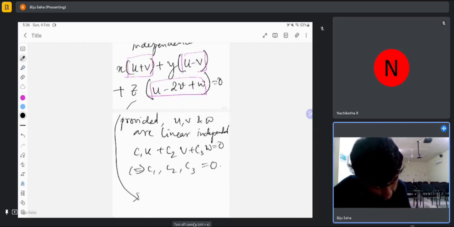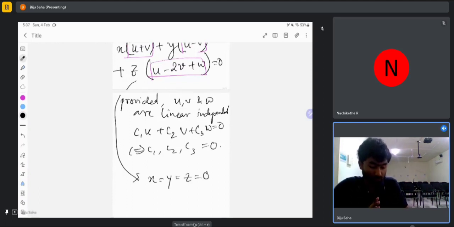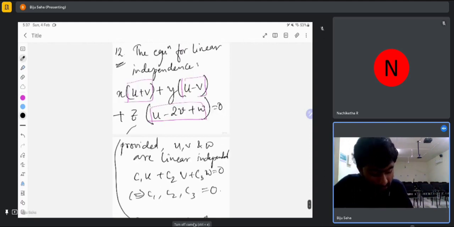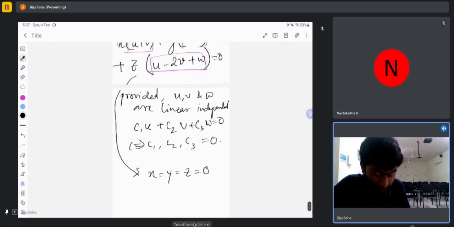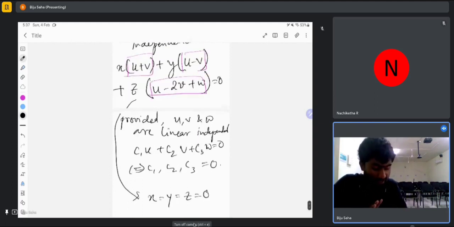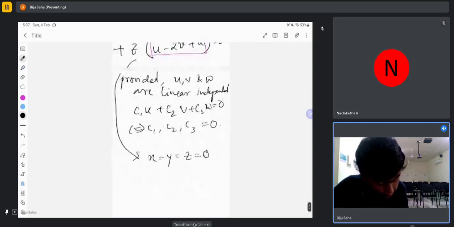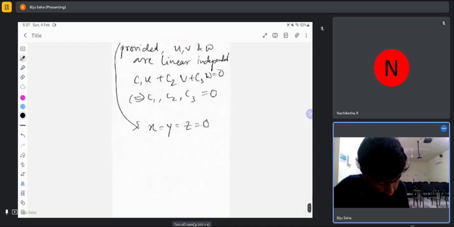If I get to prove that x, y and z are equal to 0, then I can say that u plus v, u minus v, and u minus 2v plus w are linearly independent. So let us find the values of x, y and z. Let us separate out u, v and w.